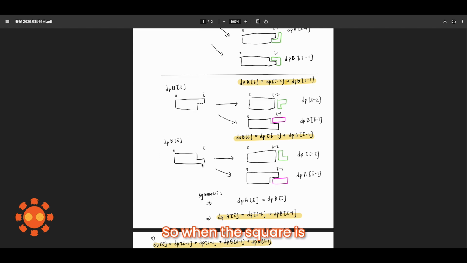When the square is at the bottom, the 2 situations are exactly the same; only for the second one, we have to change the situation into the square at the top of the board. Since these two situations are symmetric, we can assume that the ways we can tile these boards are exactly the same. The first formula can be written as dpa[i] equals dp[i minus 2], and we replace the dpb with dpa[i minus 1].